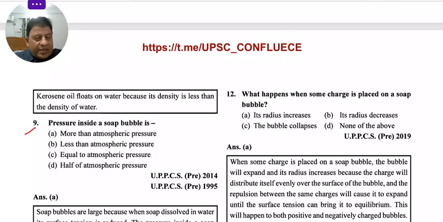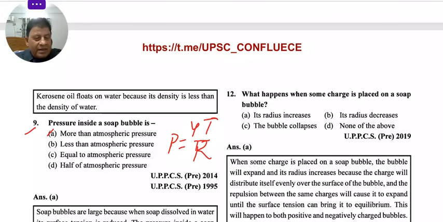The pressure inside a soap bubble is more than atmospheric pressure, less than atmospheric pressure, equal to atmospheric pressure, half of the atmospheric pressure. ये डी भी गलत है, सी भी गलत है। राइट रेस्पॉन्स क्या है? ए है। इनफैक्ट क्या होता है कि आपका प्रेशर इनसाइड सोप बबल इज, P is equal to 4T by R. इतना ज्यादा होता है साबुन के बुलबुले के अंदर.